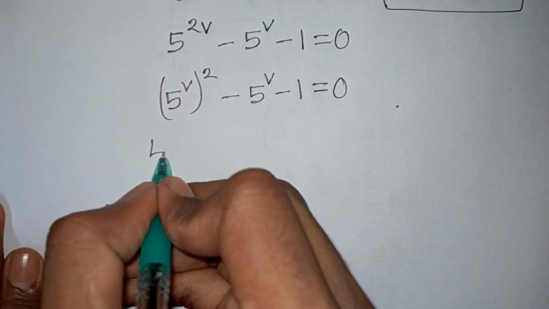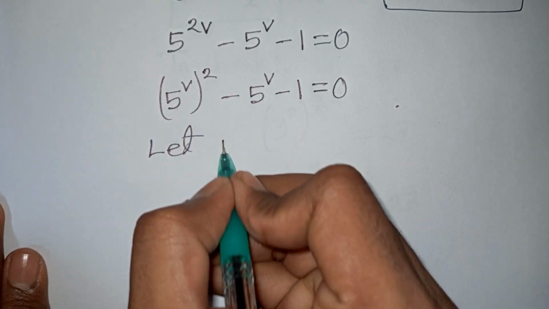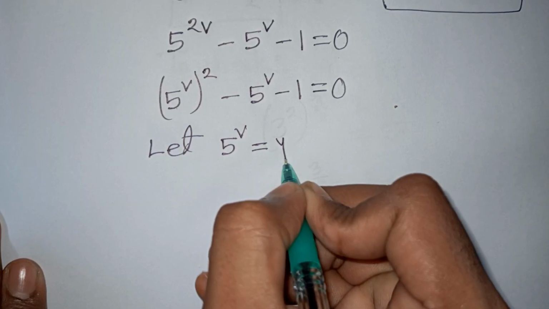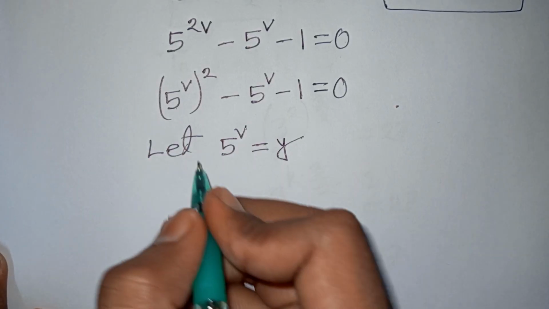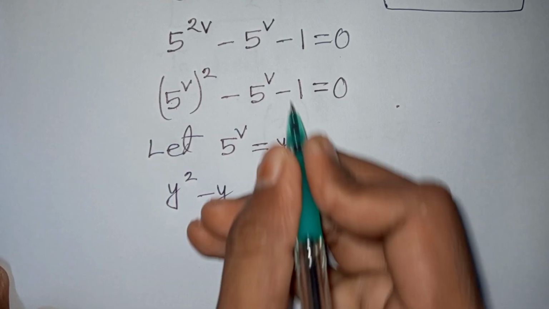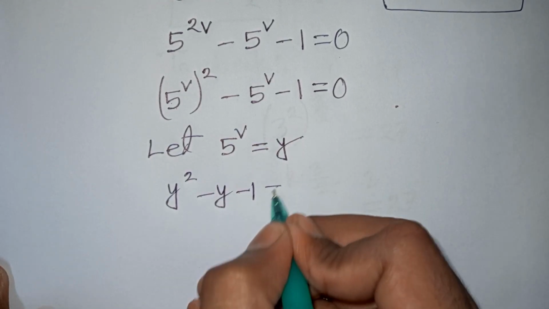Now let 5 power v be substituted by y. So this equation will be y power 2 minus y minus 1 is equal to 0.